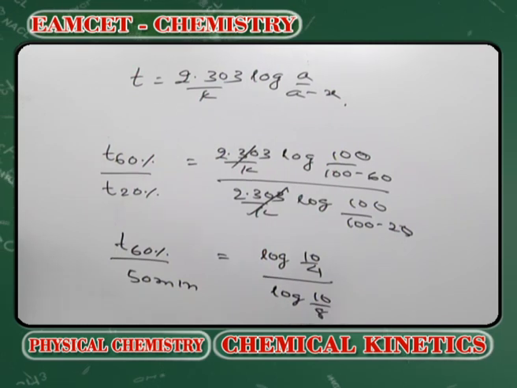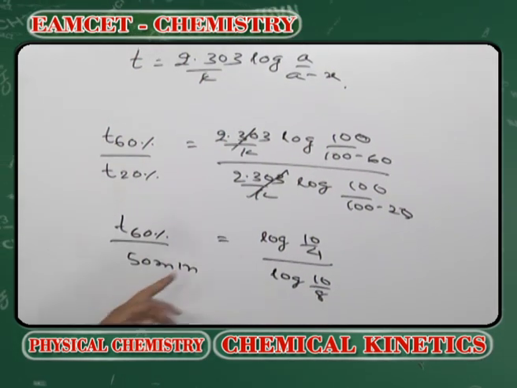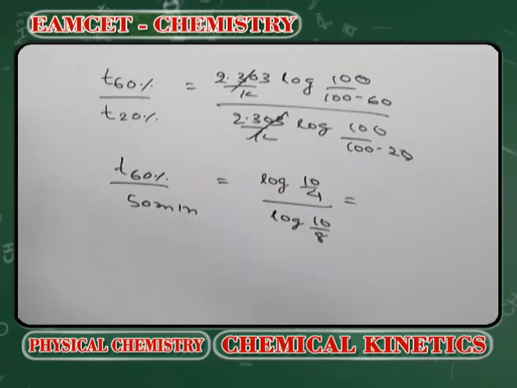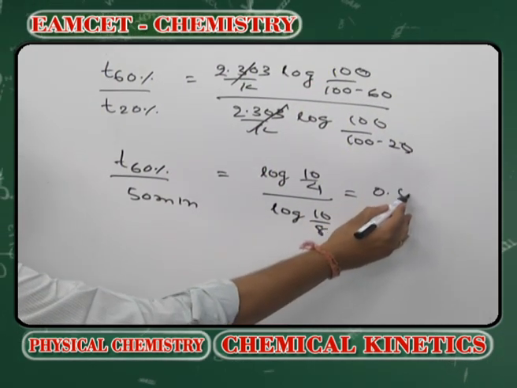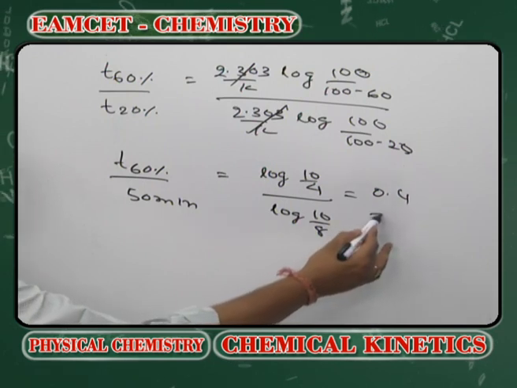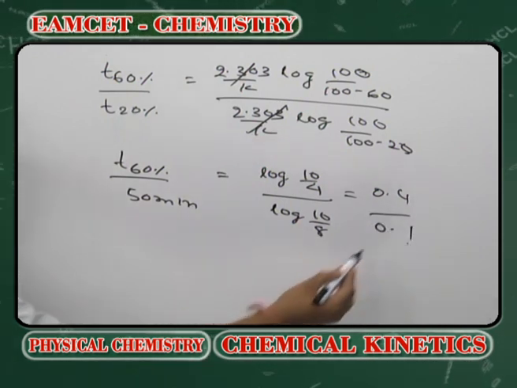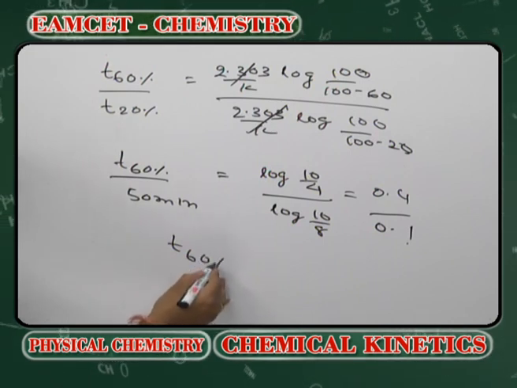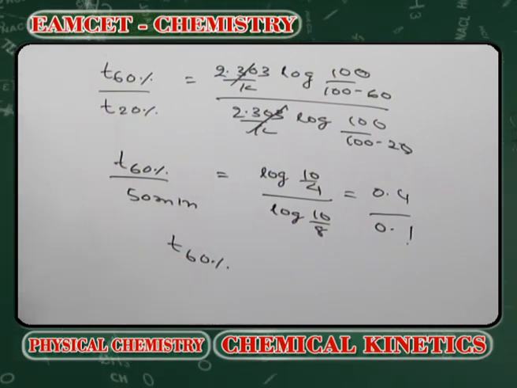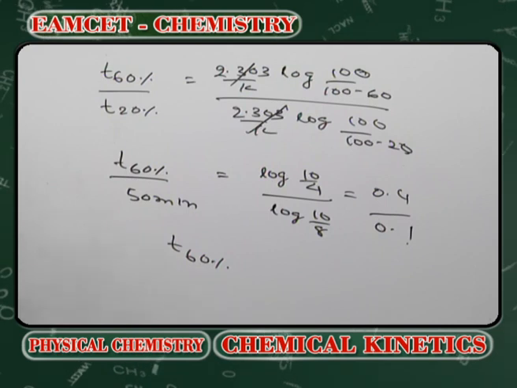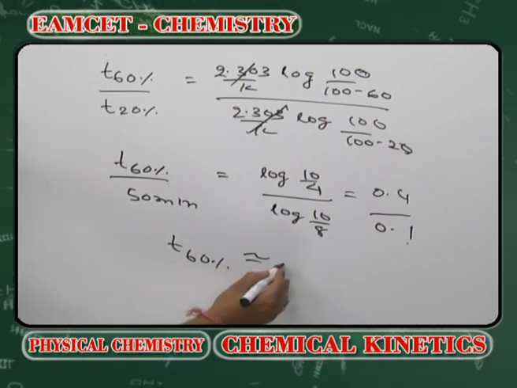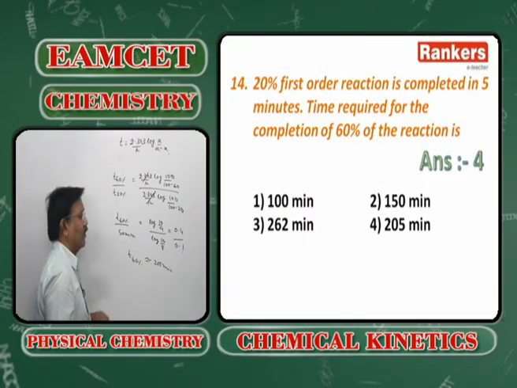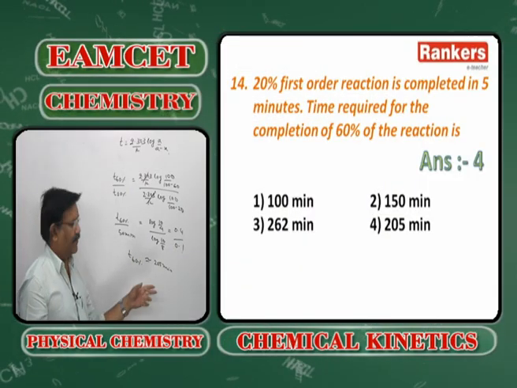Log 10 by 4 is approximately equal to 0.4, and log 10 by 8 is approximately equal to 0.1. So solving that, t 60% will be equal to 205 minutes approximately.